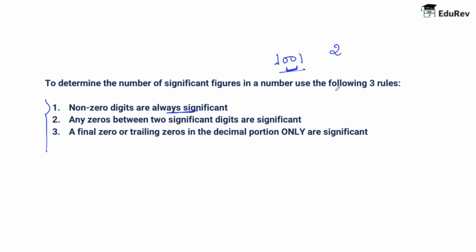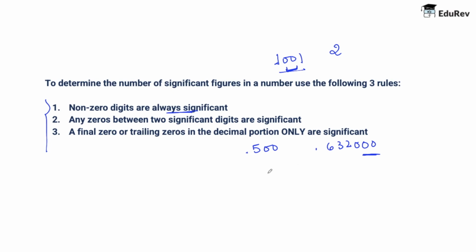Now the third one says that a final zero or trailing zeros in the decimal portion are significant. Like for example, if I have 0.500, or maybe 0.63200, these zeros that are after the numbers are significant.